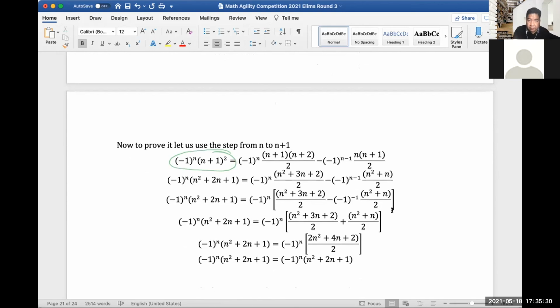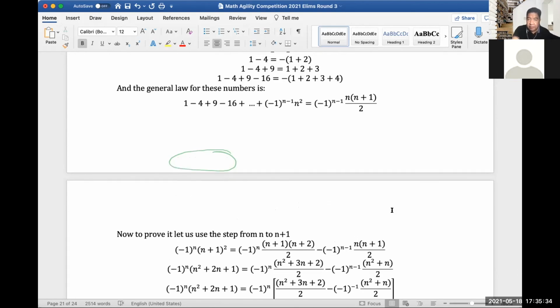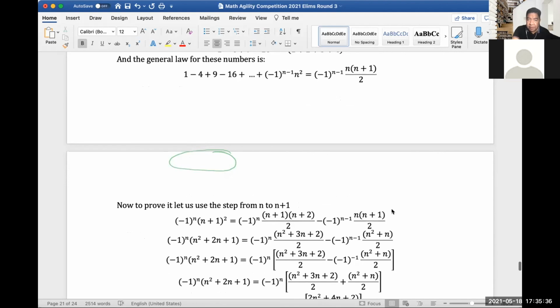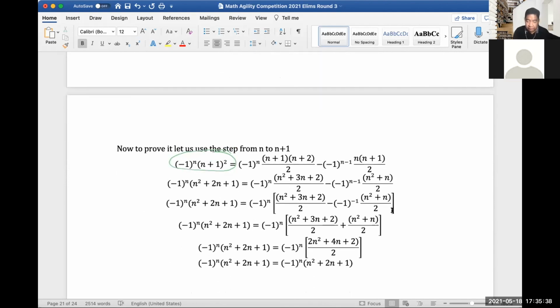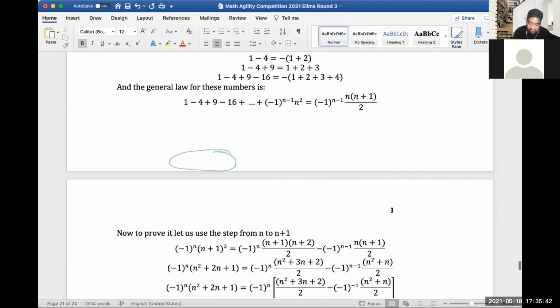So I added 1, right? Basically if I add 1 on the left, that is equal to the original equation here, and I just move it to the right-hand side, because initially it was n, so n plus 1 would be n plus 1. So this would be that value here on the right side.